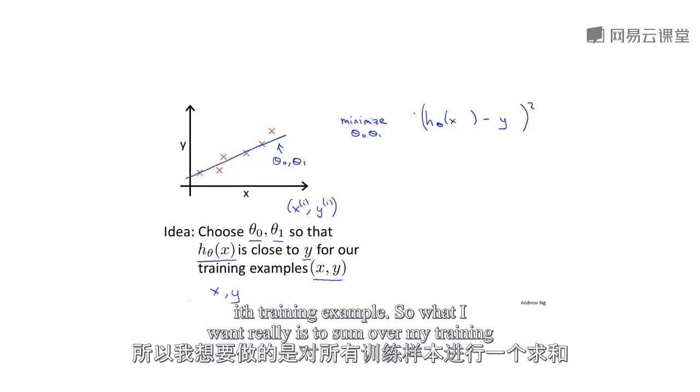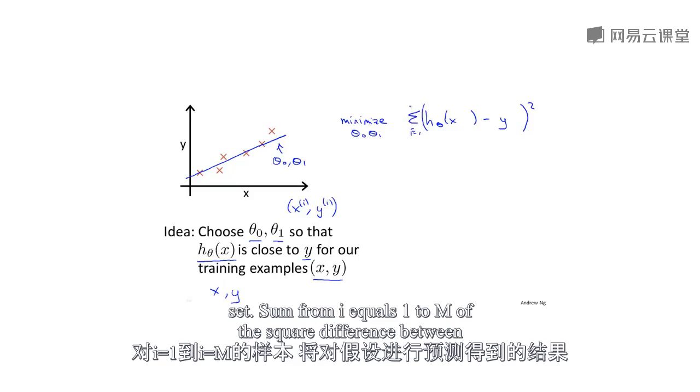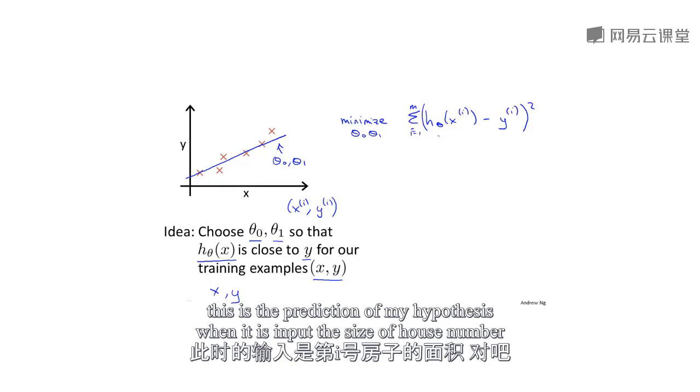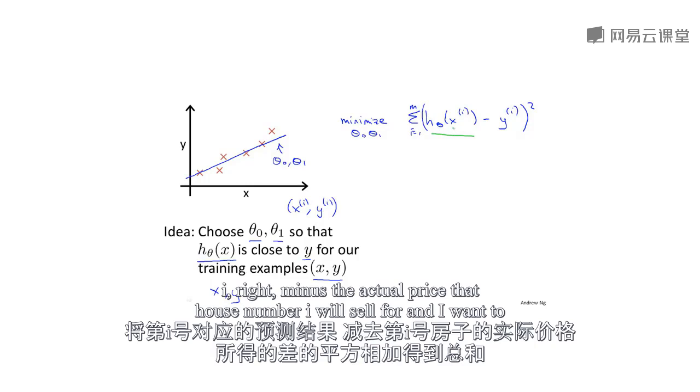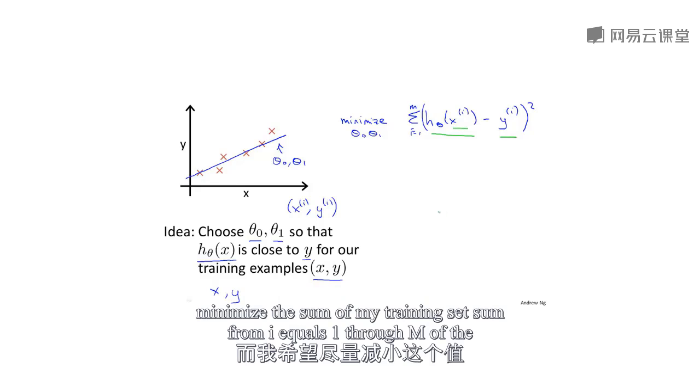So what I really want is to sum over my training set, from i equals 1 to m, of the squared difference between the prediction of my hypothesis when it is input the size of house number i, minus the actual price that house number i sold for.